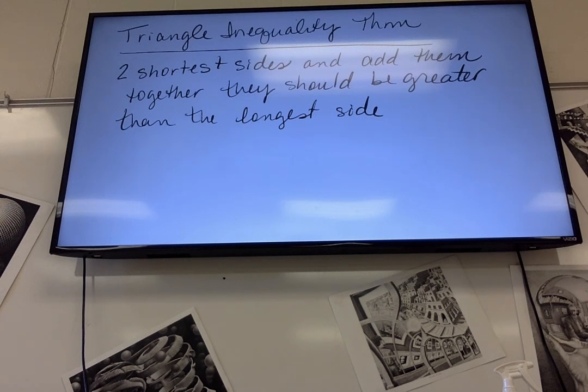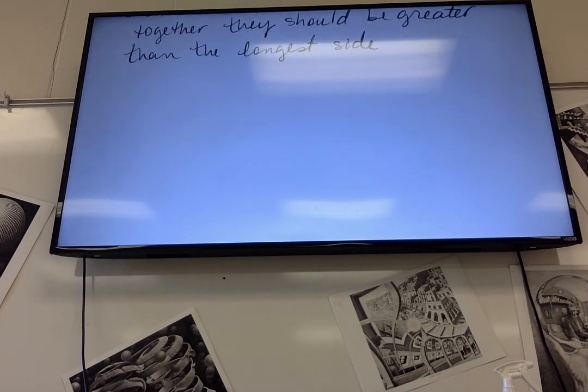First off, we're going to say that our piece of spaghetti is 100 centimeters long. And our random numbers, the first two, were 25 and 39.